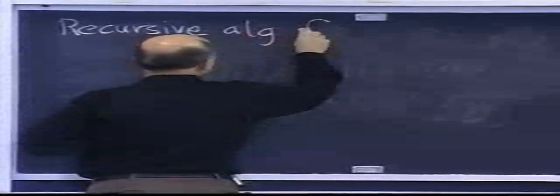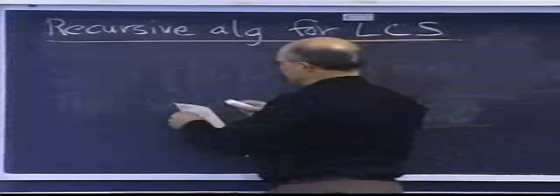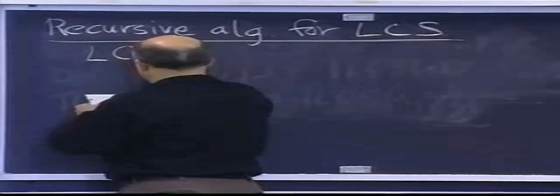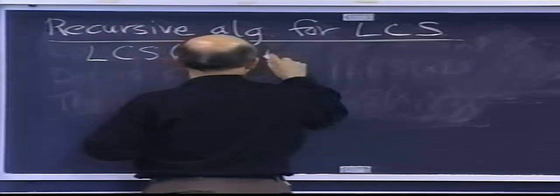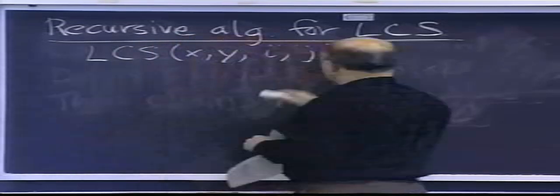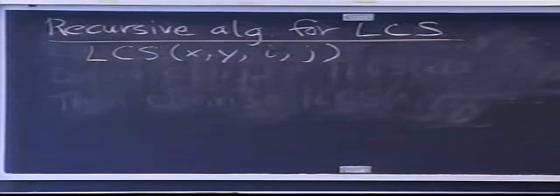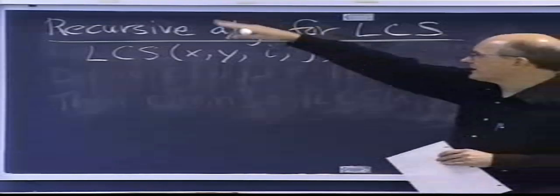So let's write some code, some pseudocode anyway. Here's a recursive algorithm for a longest common subsequence. I'll give it two strings X and Y and the prefixes that I'm going to be looking at. And the code just follows this.